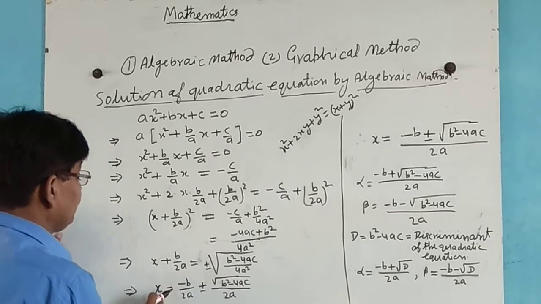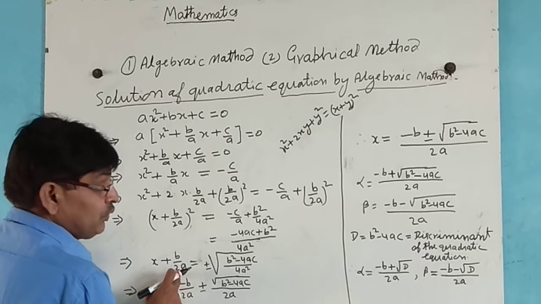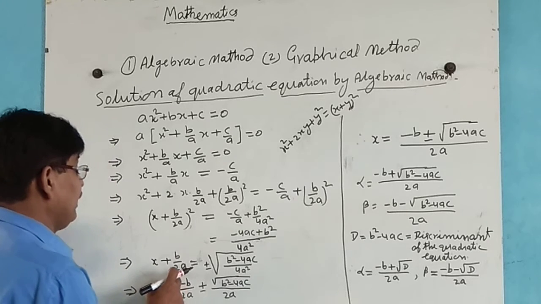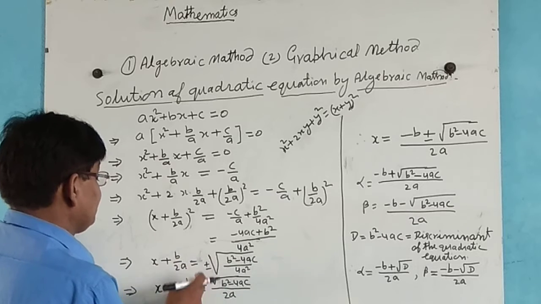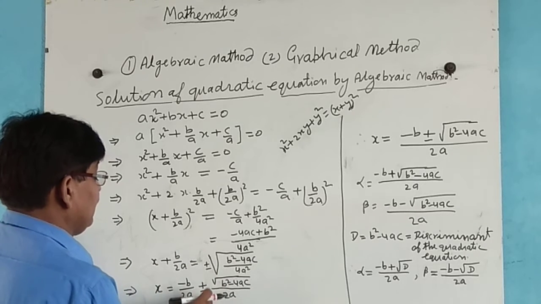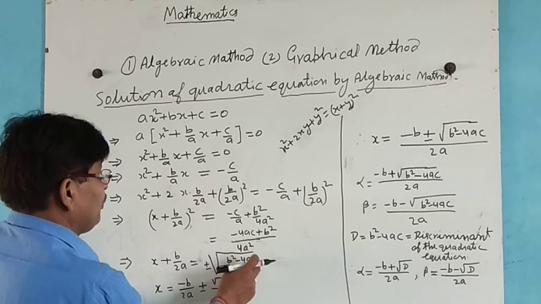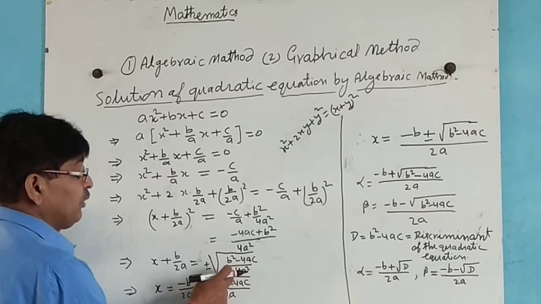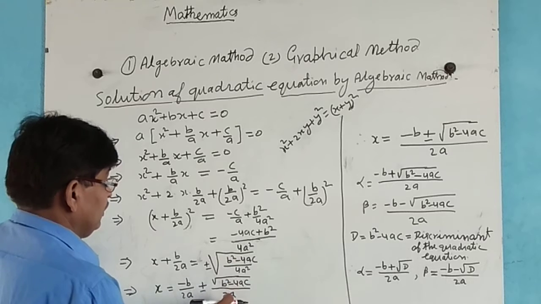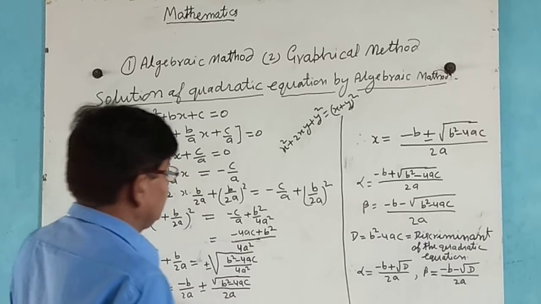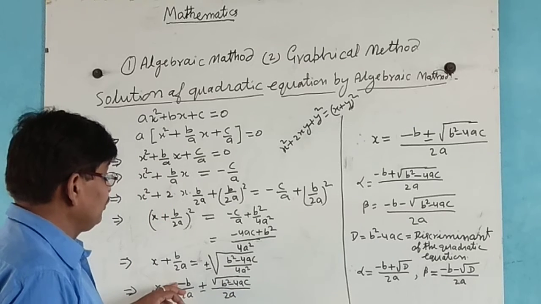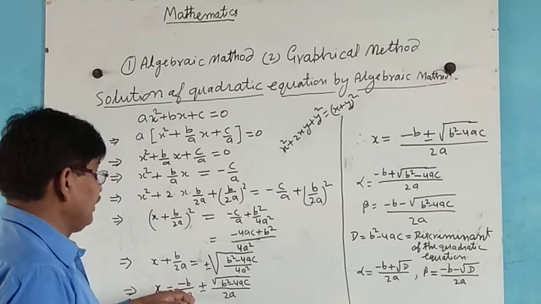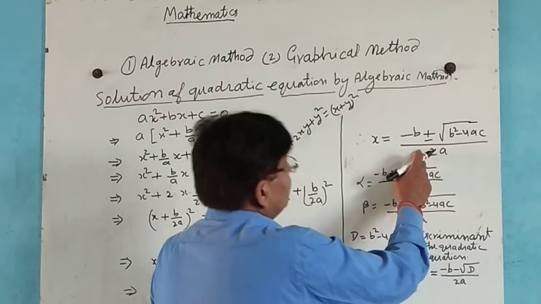Here x equal to, change the side of b by 2a, here minus b by 2a plus minus under root b square minus 4ac, that comes out from the bracket, 2a. x equal to minus b plus minus under root b square minus 4ac divided by 2a here.